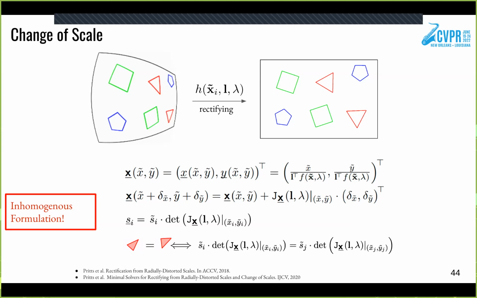Then this quantity is what we can use, because we have the scale of the rectified point, which is this S I underbar, and we have the scale of the distorted point. And we know that when you apply that change of scale locally to whatever the scale is in the distorted region, it must equal the rectified scale, because you're locally changing the scale such that that constraint holds.